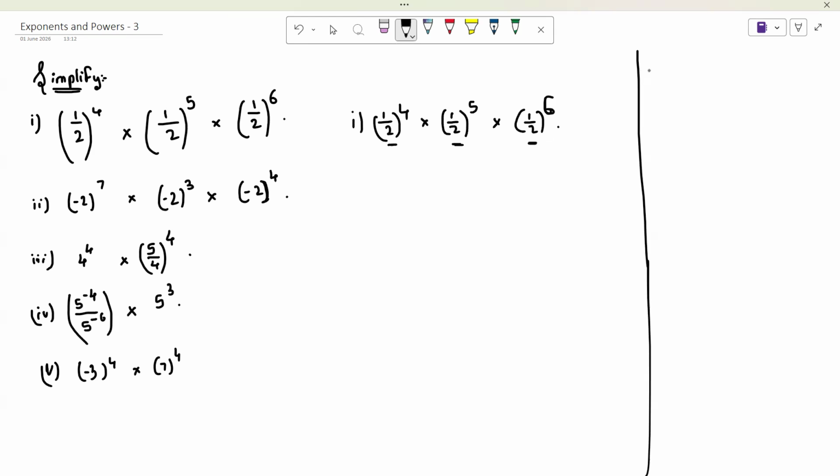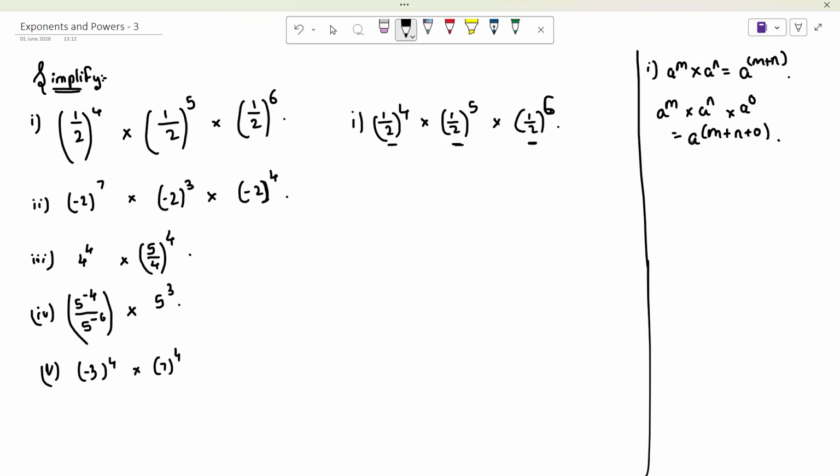So, there is a law of exponent for that. a power m into a power n will give you a power m plus n. So these are for only two powers, but the same logic applies for three powers like in this question. So a power m into a power n into a power o will give you a power m plus n plus o.